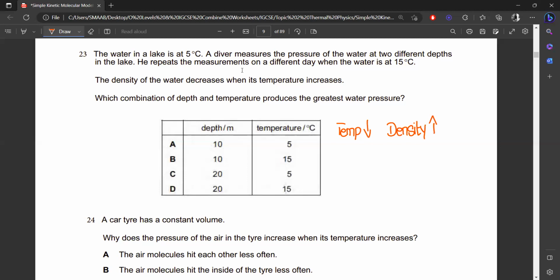So for the greatest water pressure, we need the greatest density. So we have to select the lowest temperature and the greatest depth. At that point, pressure will be maximum, because now we are not talking about the gaseous state or the pressure on a container or piston. So C is the right answer.